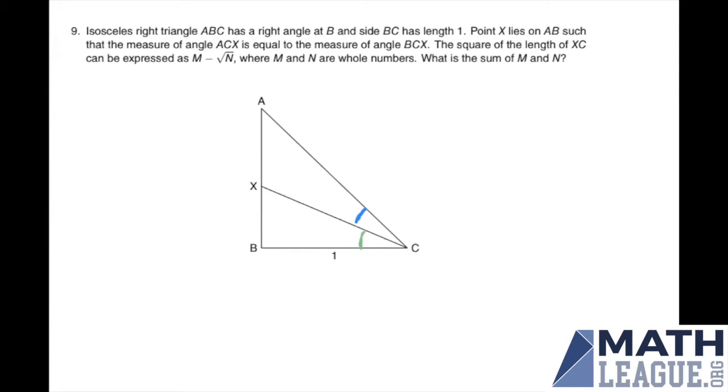You'll know that this problem hinges on the fact that these two angles are equal. That basically defines where X is. It's the fact that these two angles are equal. And so if these two angles are equal, that means this line XC cuts angle ACB in half, and so we can say that it bisects angle ACB.